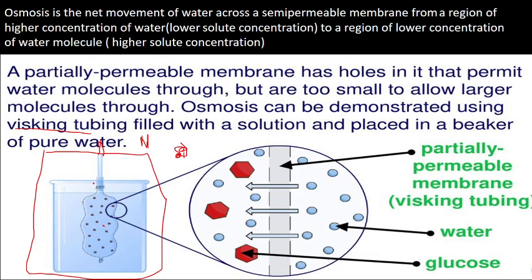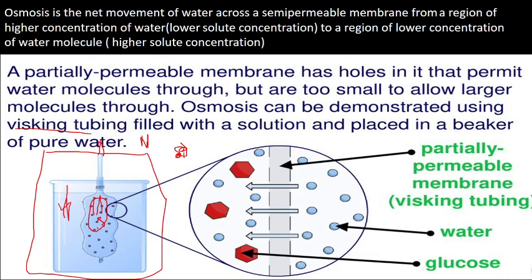So ammonium sulfate will be added into the solution and put into the dialytic bag. The reason why we add ammonium sulfate into the solution is to make this place a region of higher solute concentration and lower water concentration compared to this outer environment. You can see that the outer environment contains water.